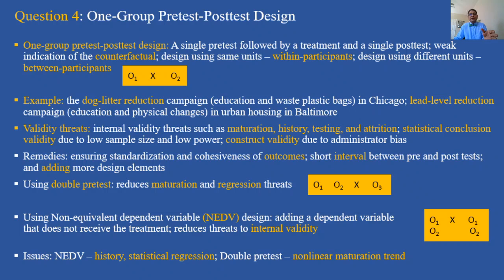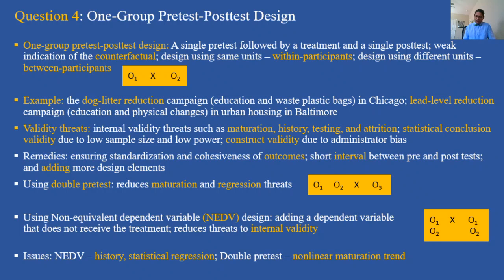So you have O1, which receives the treatment, and then the outcome measure of O1 is done after the treatment. There is a pretest and there is a posttest. And there is another non-equivalent dependent variable which is added, which is O2, but it is not given any treatment, and then it is measured again at the same time interval as the posttest for O1.